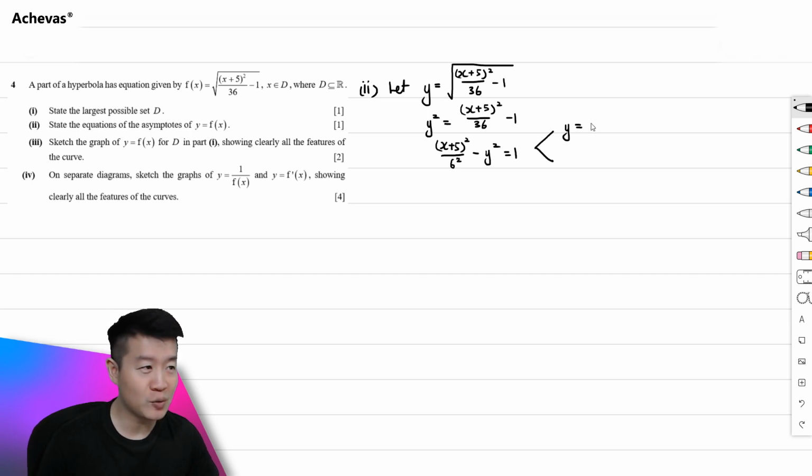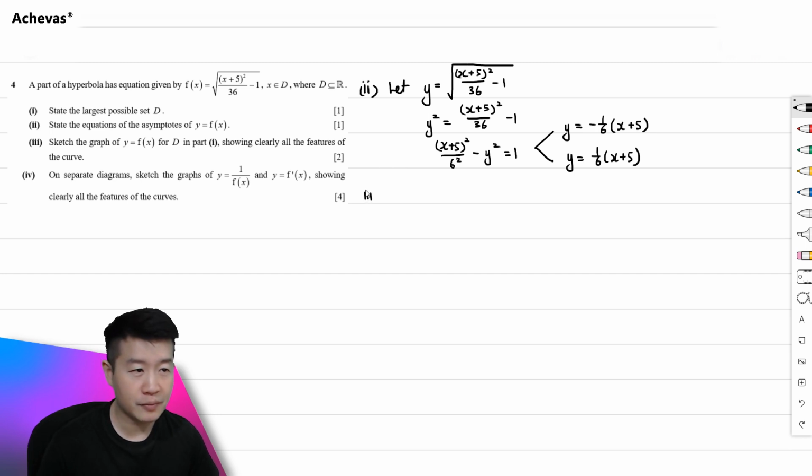So the two asymptotes will be y is equal to minus 1 over 6 of (x plus 5), and the other one will be positive 1 over 6 of (x plus 5). Okay, so two equations for the asymptotes. I'm writing down these two based on the fact that I have gotten the equation of the hyperbola.